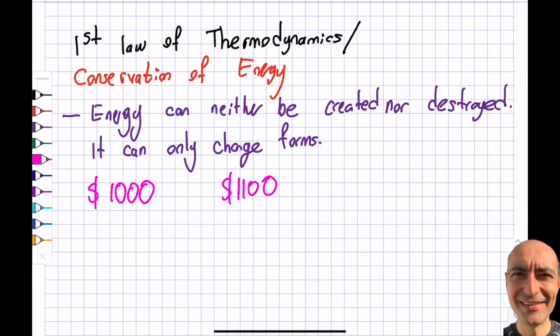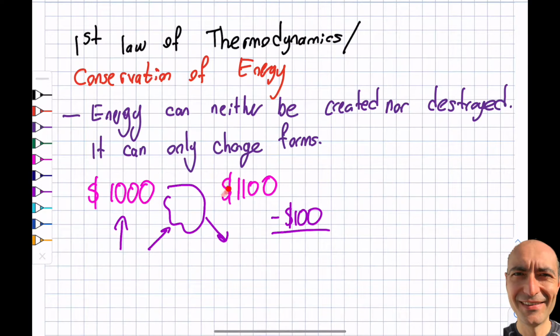If this is my system, this is coming in as 1,000 and this is leaving as 1,100, what's happening every month? I have a deficit of 100. What I just explained is from a finance point of view, but it is still the same thing that I will be discussing here, except without the dollar signs or any unit.